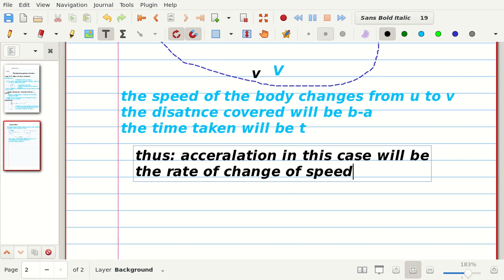We are not taking graphical terms, we are not taking velocity, we are not taking vector terms.